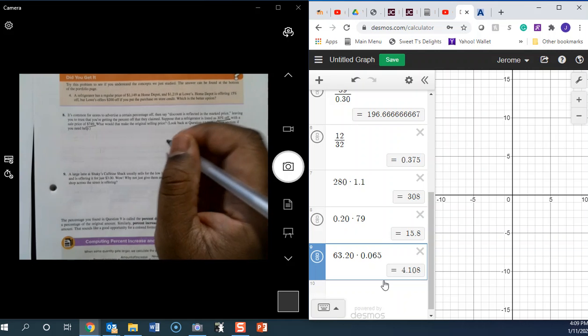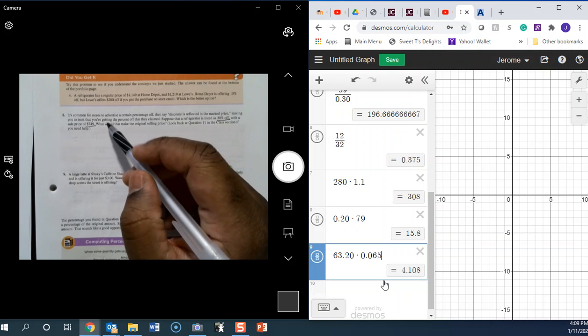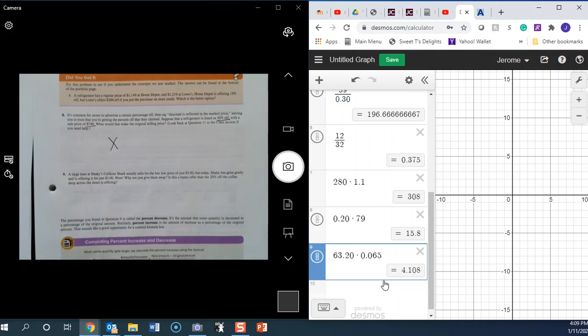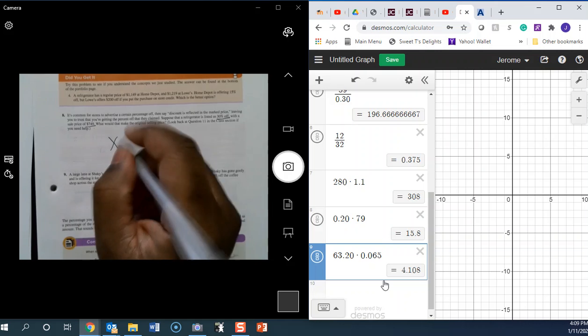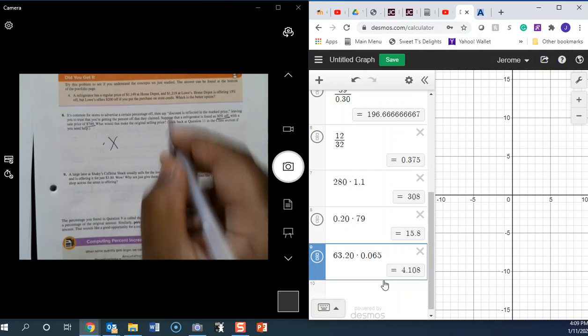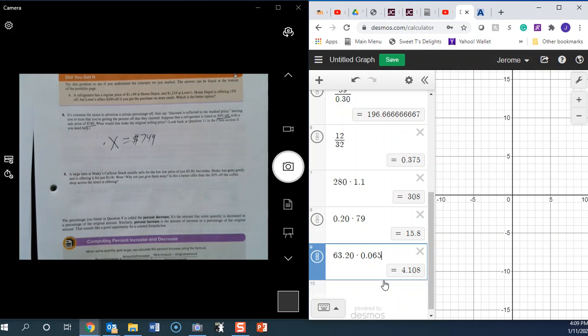So first of all, let's look at what we know. 30% off got us $749. So we don't know what the original cost of the refrigerator was. That's the first thing. Now, the next thing, we know that some value multiplied by the original cost would give us this $749, which would be the new cost.